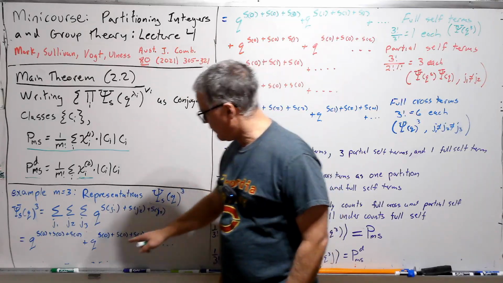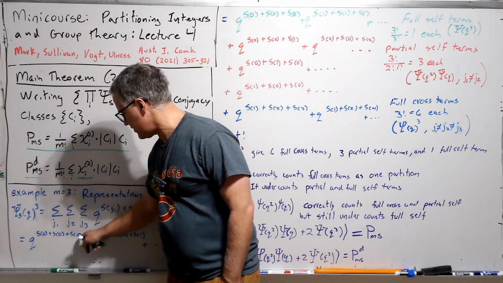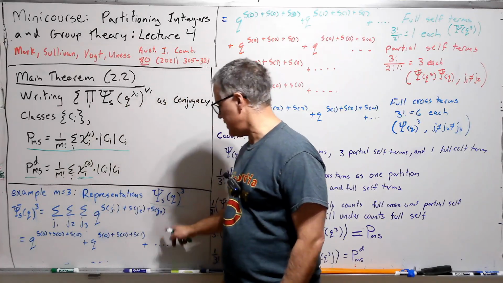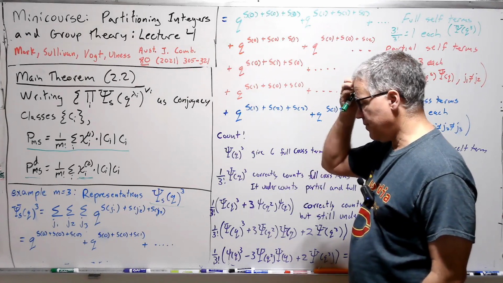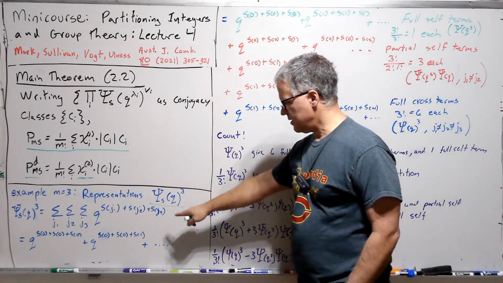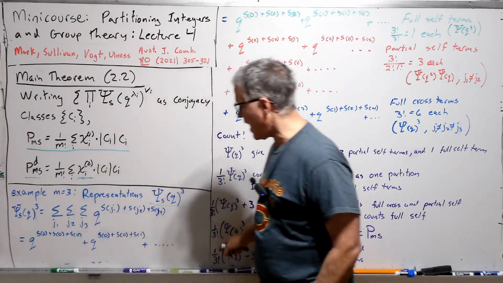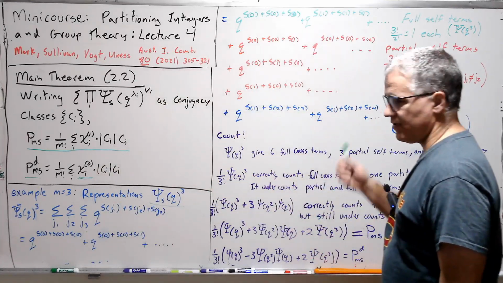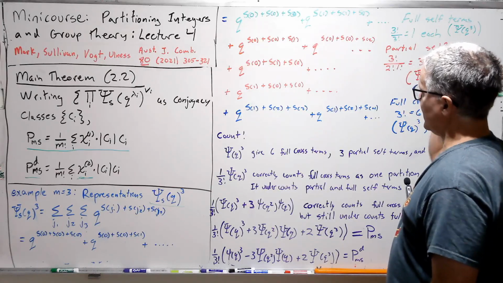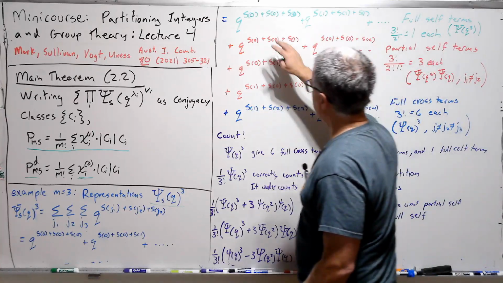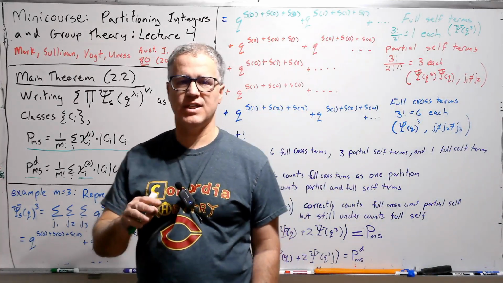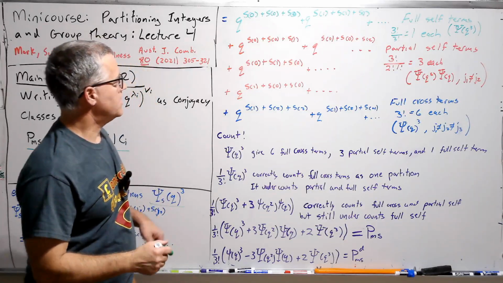If we were to write this out, we'd have S_0, S_0, S_0, then S_0, S_0, S_1, S_0, S_0, S_2, countably infinite, but a lot of terms even for the very first members of the set, because we have 3 up in there. So let's write that out, but let's collect those in special subsets of terms.